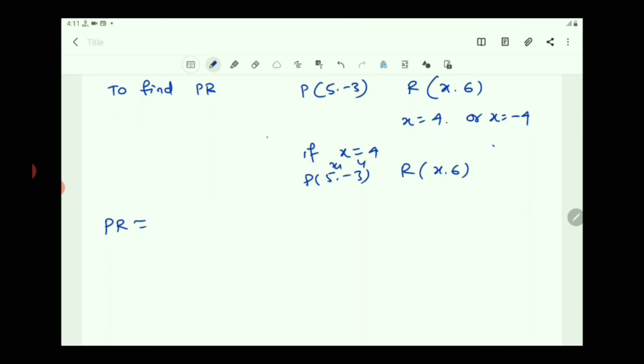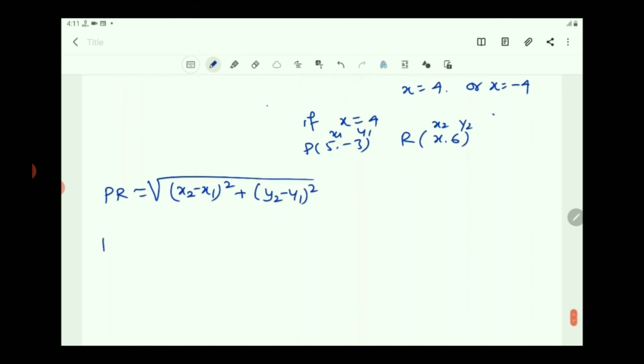consider these are the point x1, y1. These are the point x2, y2. Then you write whole root of (x2 minus x1) whole square plus (y2 minus y1) whole square. Then PR equals square root of x2, here let us take 4.